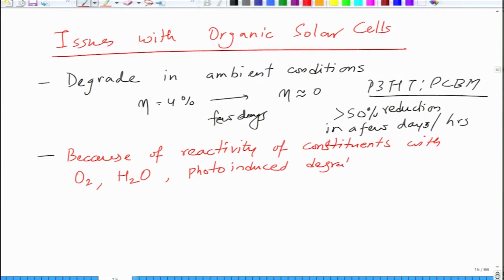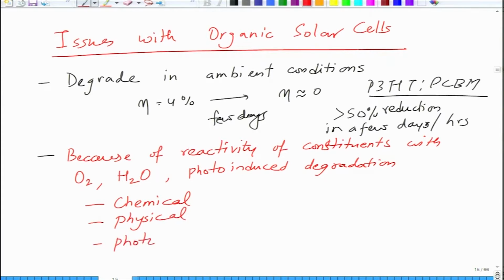There are multiple degradation mechanisms that are present in the literature. There are a lot of reviews available. So, degradation could be chemical, it could be physical, and it could be photo-induced. All these three types of degradations are possible.